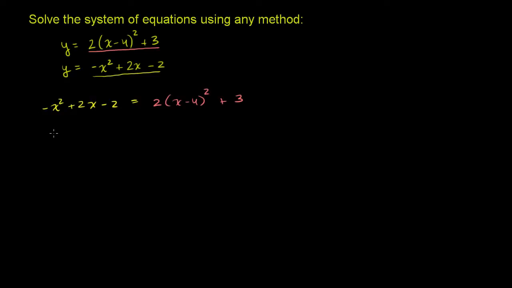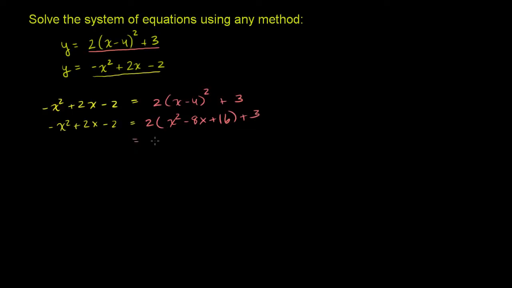So the left-hand side, not a lot. Well, we're going to have to multiply this out. So let's do that first. It's negative x squared plus 2x minus 2 is equal to, and on the right-hand side, 2 times x minus 4 squared is x squared minus 8x plus 16 plus 3.